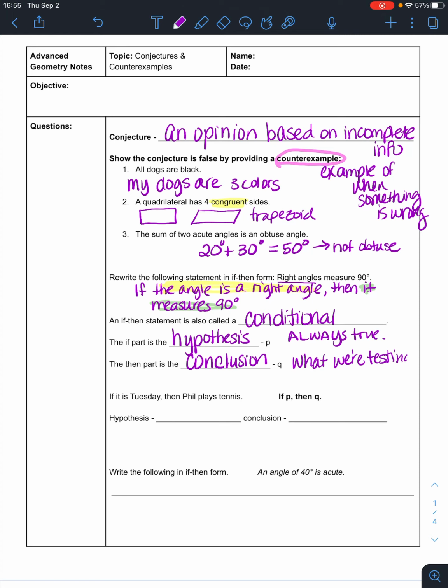All right, so let's look. If it is Tuesday, then Phil plays tennis. So the hypothesis would be that it is Tuesday. So we're saying it's Tuesday. The conclusion would be, then Phil plays tennis.